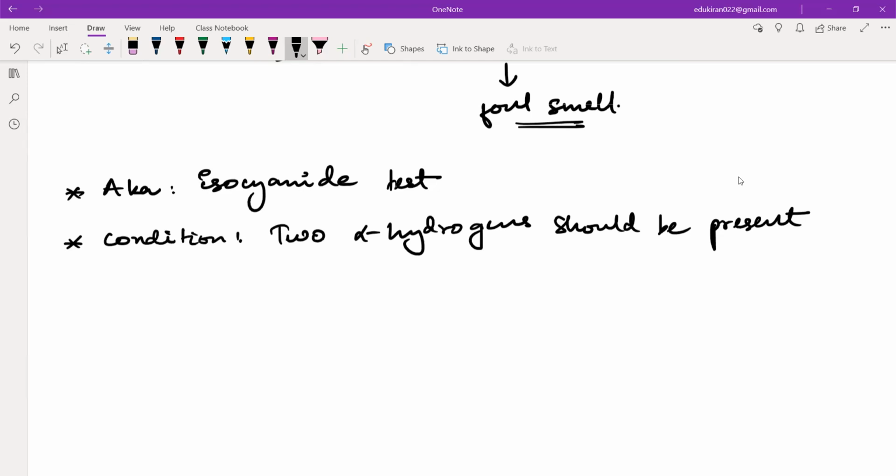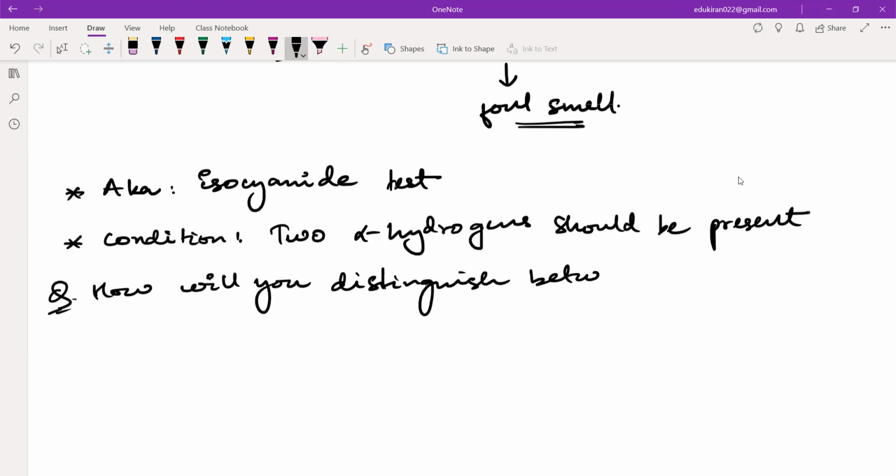Is this clear? देखिए, if they are asking how will you distinguish, this question is generally asked like this: how will you distinguish between 1 degree and 2 degree amines?